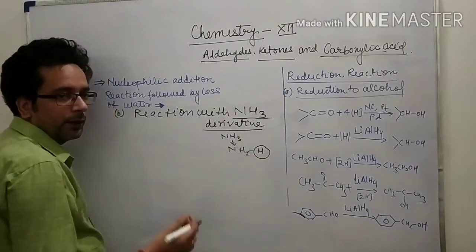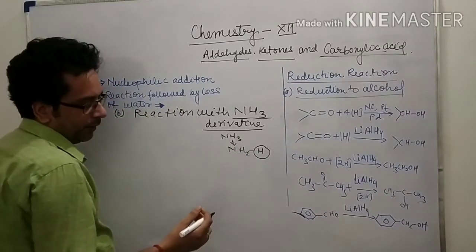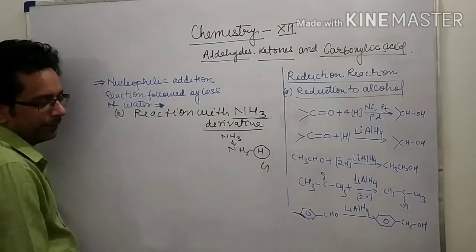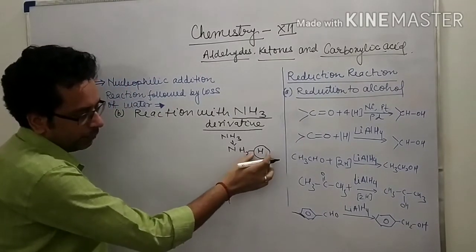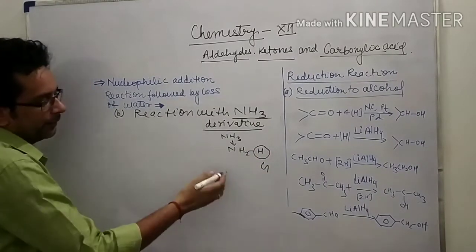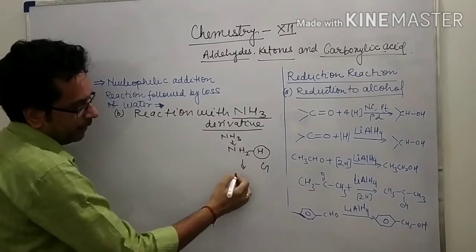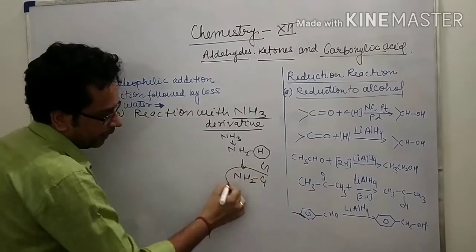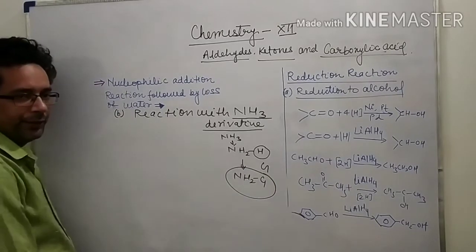we give a simple representation, that is G. If this one hydrogen is replaced by G, that is another group, then we get NH2G. Now this is the ammonia derivative.